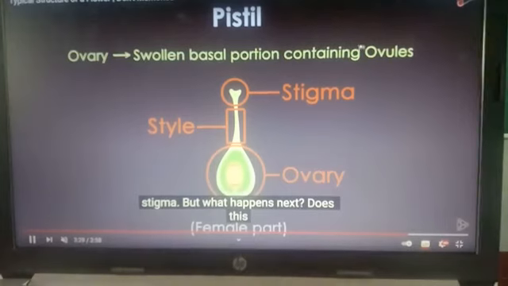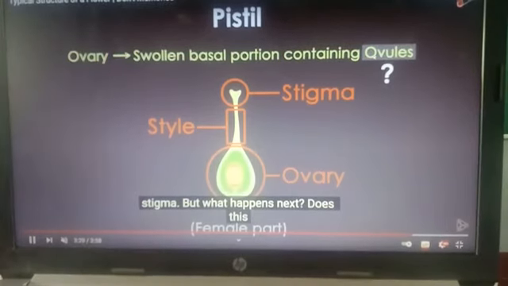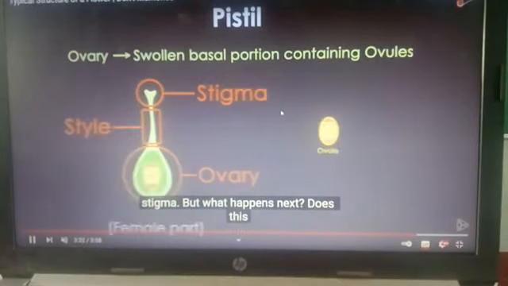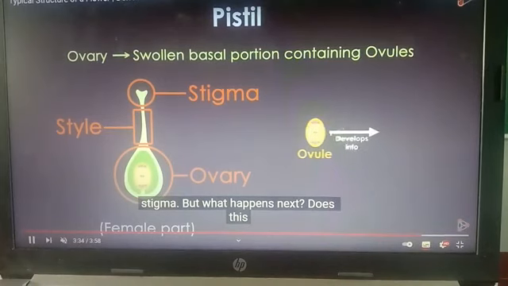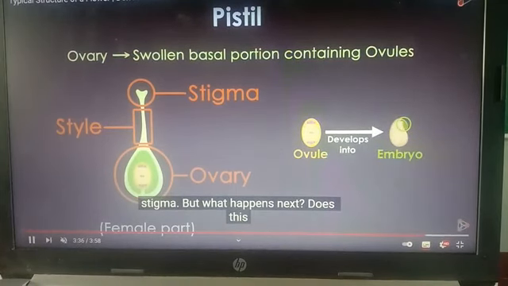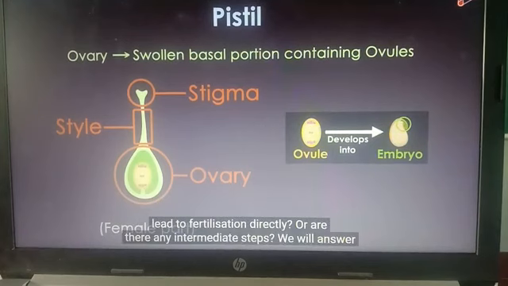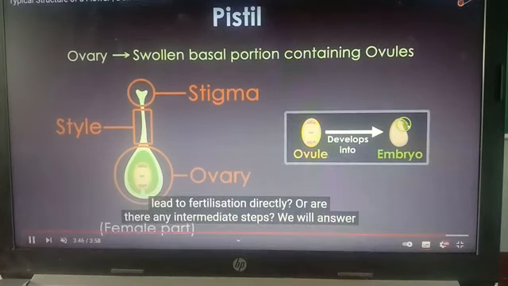In this ovule, the female gametes will be there. See, this is the structure of the ovule. It will develop into an embryo because it contains the female gametes, by the process of fertilization.